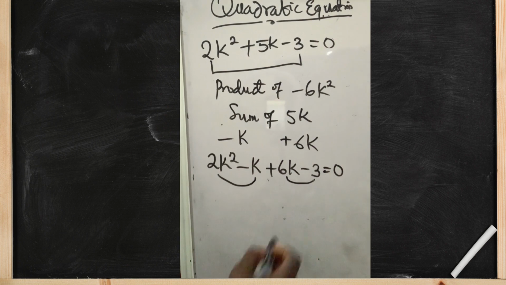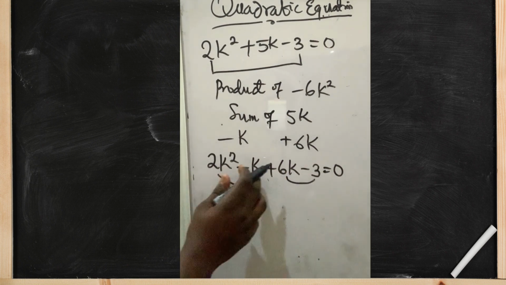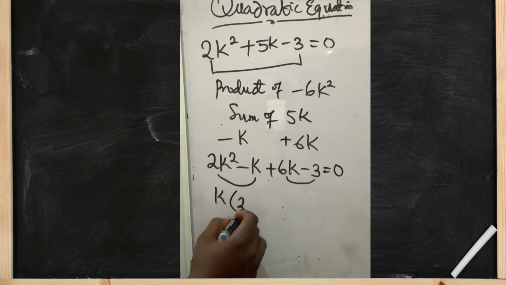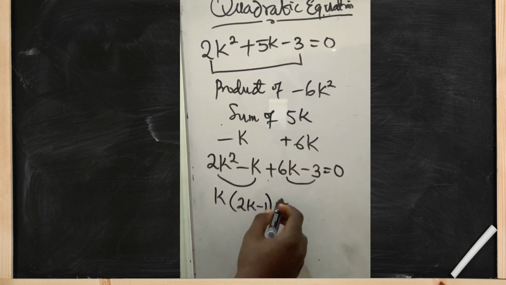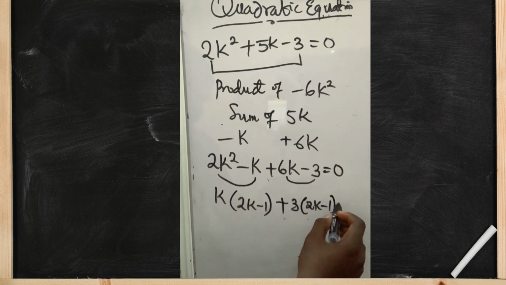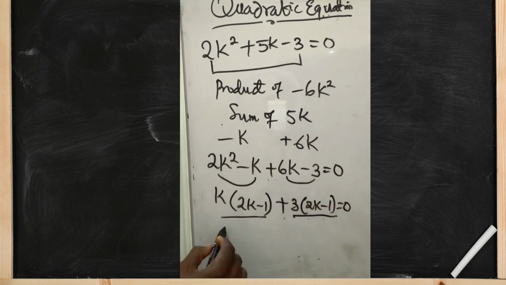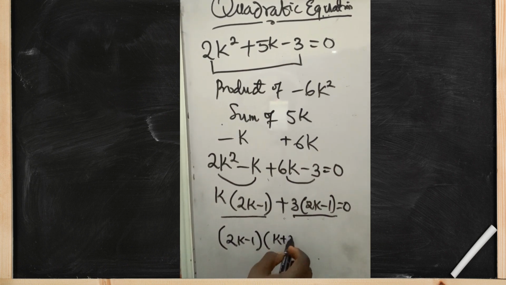You look for the common factor here, and the common factor here. So the common factor here is k, k times 2k minus 1, plus the common factor here is 3, 3 times 2k minus 1, equals 0. The common factor between these two is now 2k minus 1, then k plus 3 equals 0.